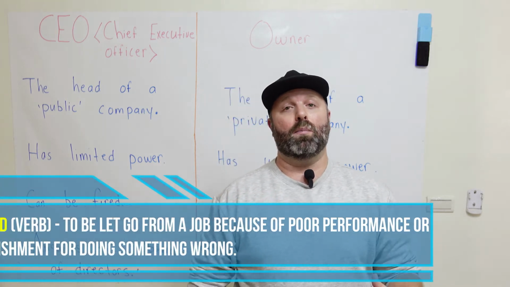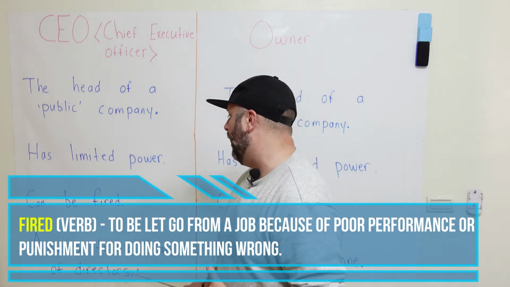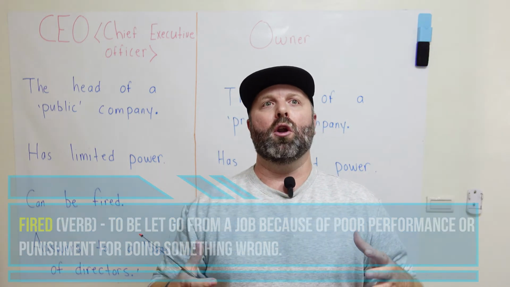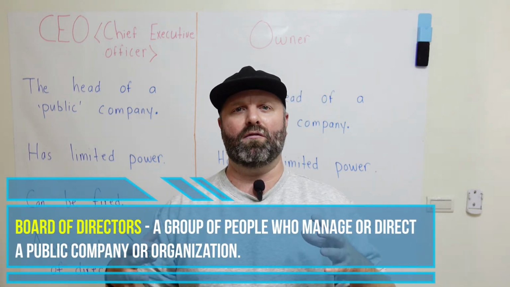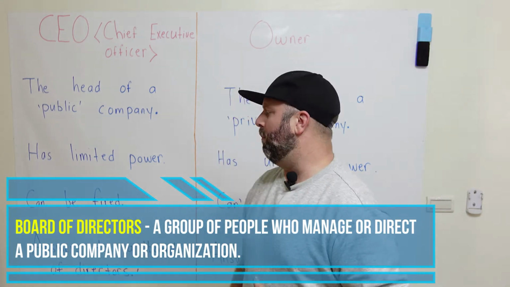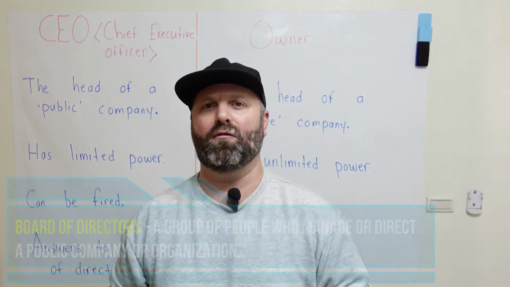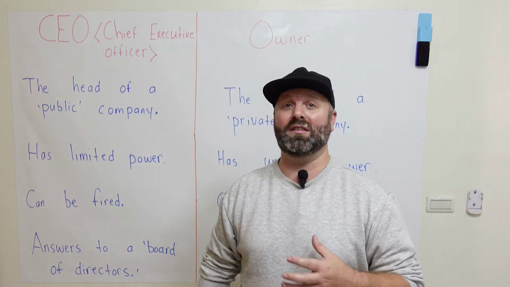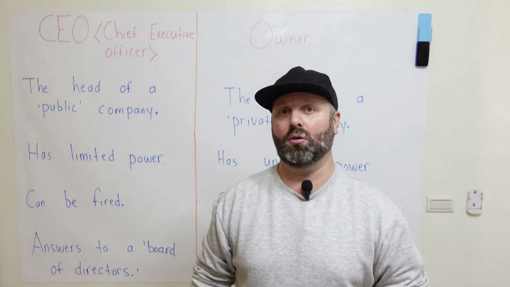If the company is not performing well, then maybe the board of directors, who is a group of, could be 6 people, 10 people, 12 people. Different companies have a different number on their board of directors. But if the board of directors is unhappy with the CEO's performance, they could actually decide to fire the CEO and replace them with someone else, okay?